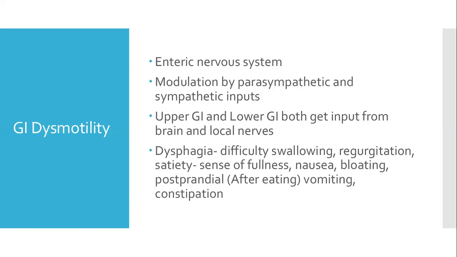The most common symptoms we see are dysphagia or difficulty swallowing, regurgitation, and satiety, which is a sense of fullness. Some people feel early fullness, so they eat just a very little bit and get the sense of feeling very full. Nausea, bloating, and postprandial, or after eating, they can feel vomiting or nausea. And then constipation, which is probably the most common that we see.